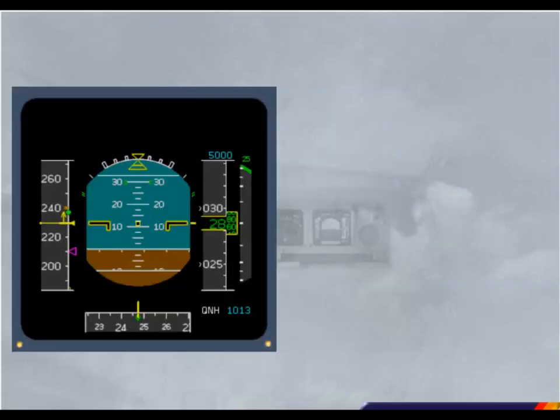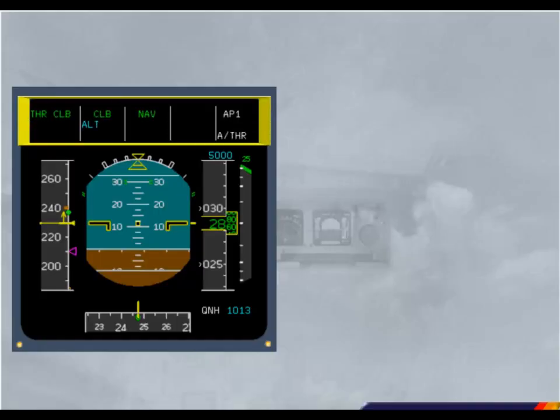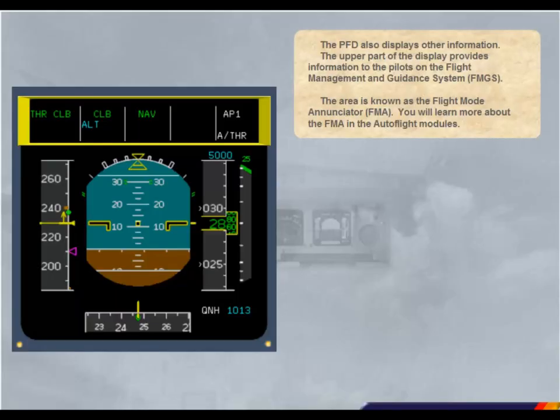The PFD also displays other information. The upper part of the display provides information to the pilots on the Flight Management and Guidance System, FMGS. The area is known as the Flight Mode Annunciator, FMA. You will learn more about the FMA in the auto-flight modules.